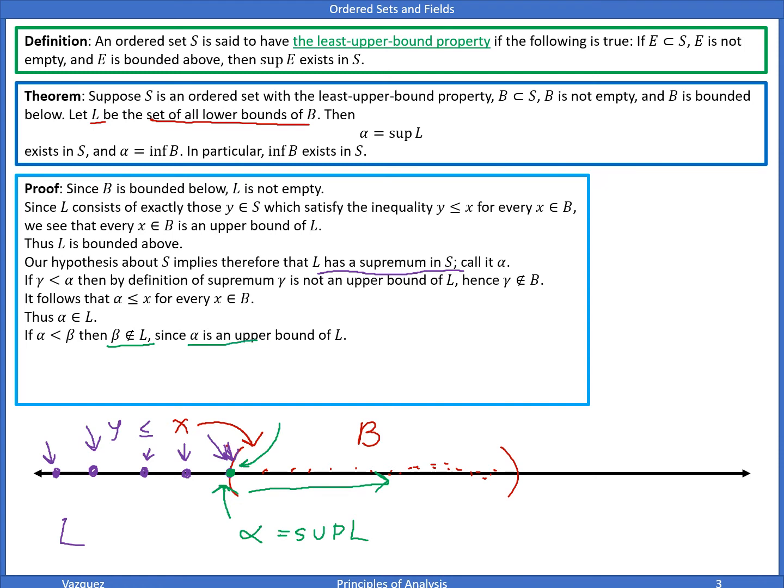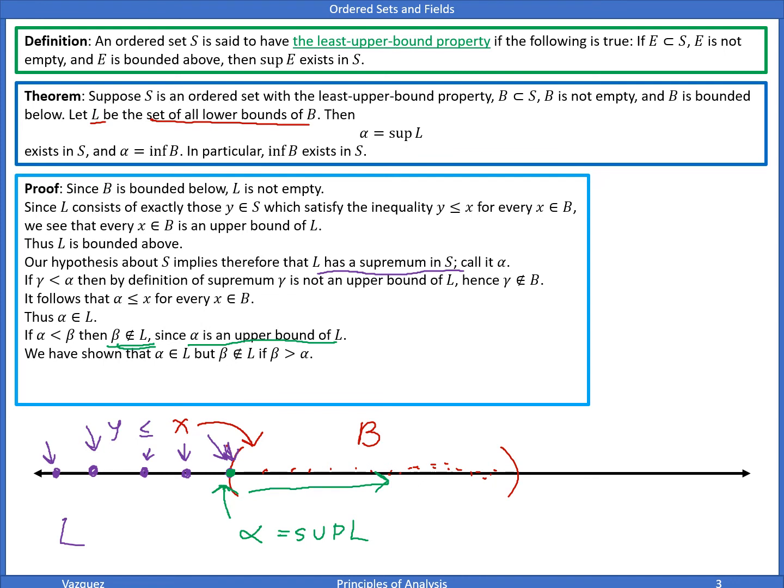Since alpha is an upper bound of L. So that's just saying beta can't be on this side. Or if it is, then it can't be an element of L. Okay?